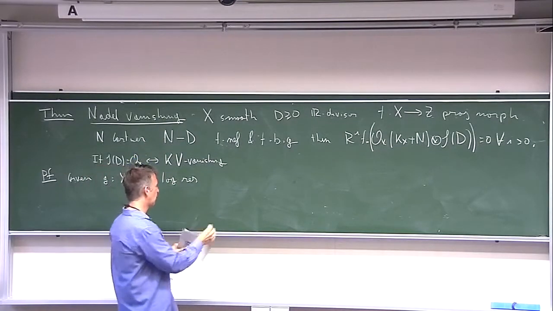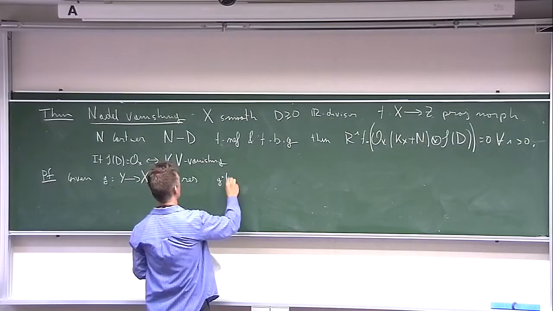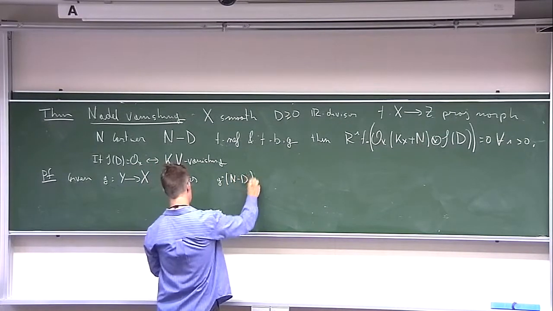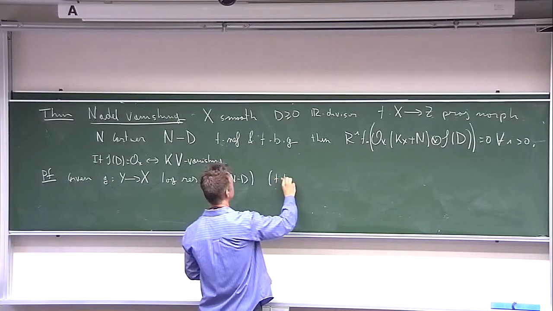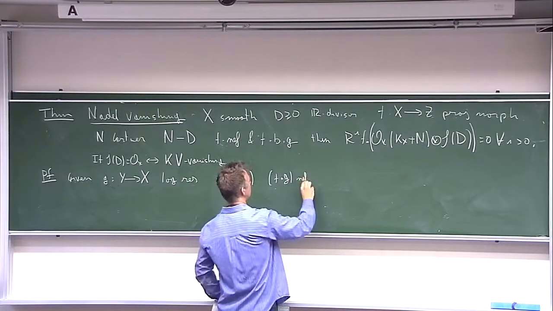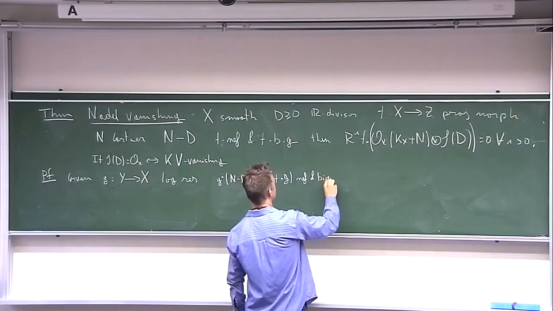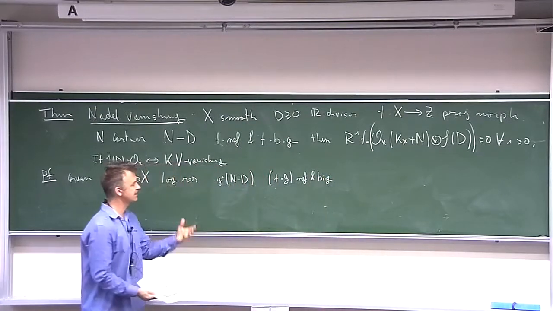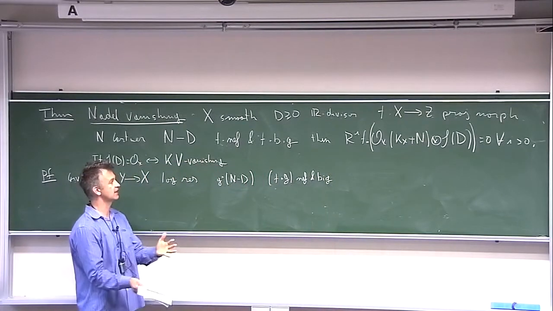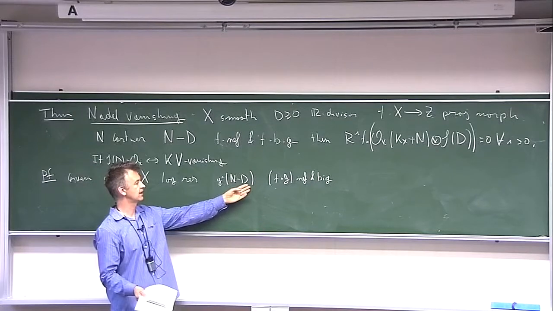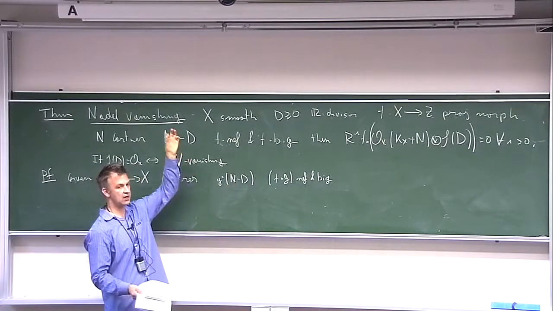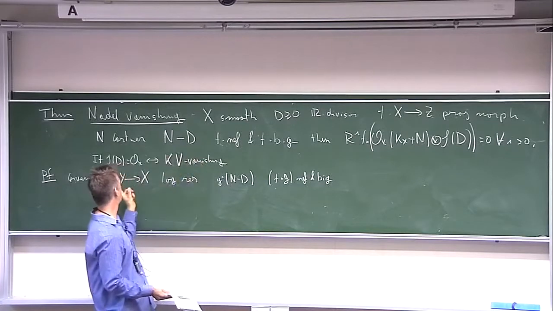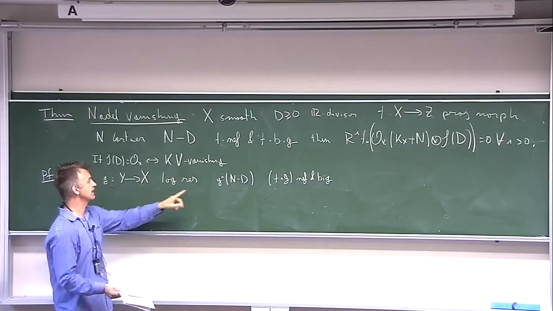So let's look at the pullback of N minus D, and let's observe that then this is F composed with G, nef and big. Well, the nefness, it needs to intersect curves non-negatively. Clearly, the only new curves you really have to worry about are curves that are getting contracted from Y to X, and those automatically intersect this at 0.